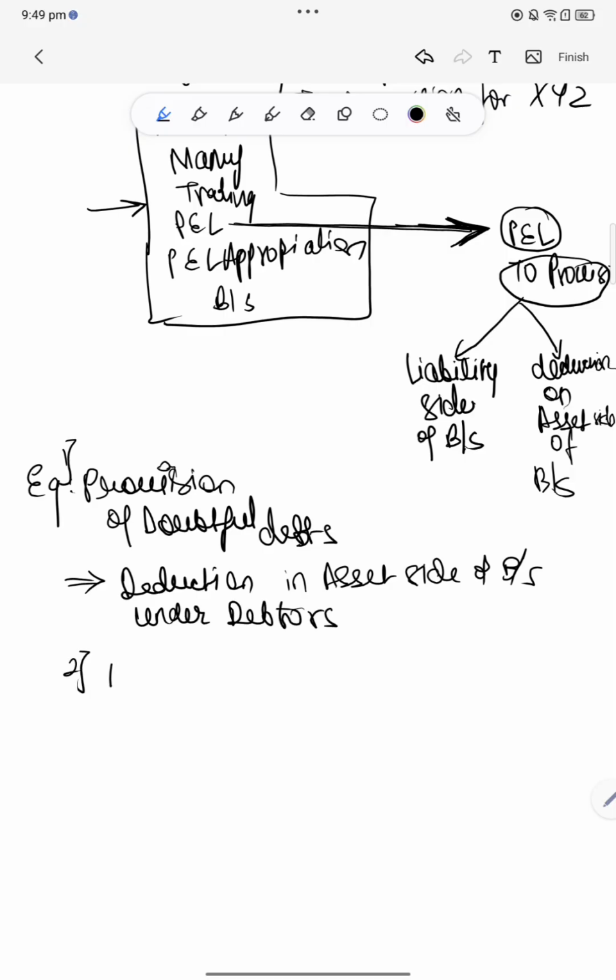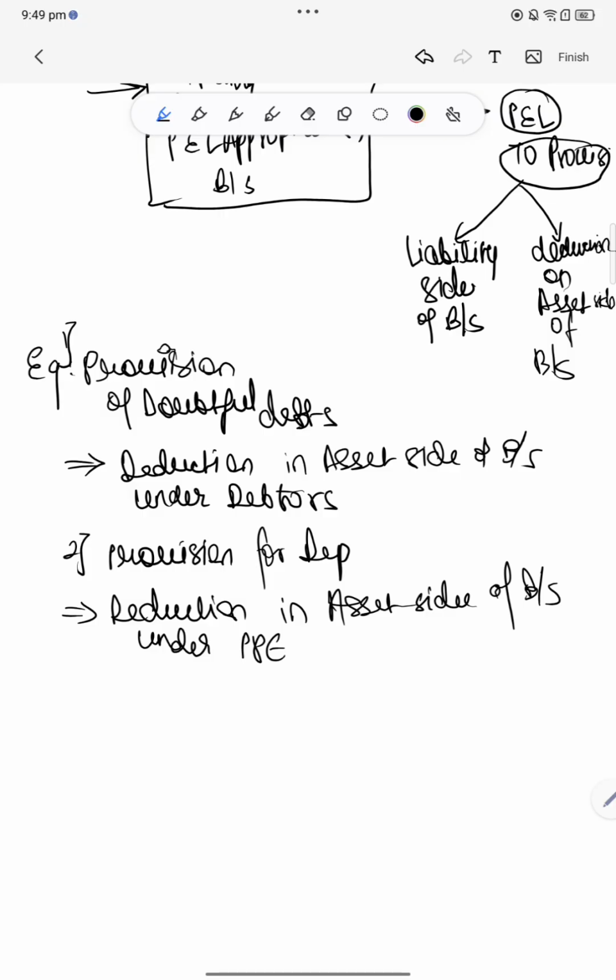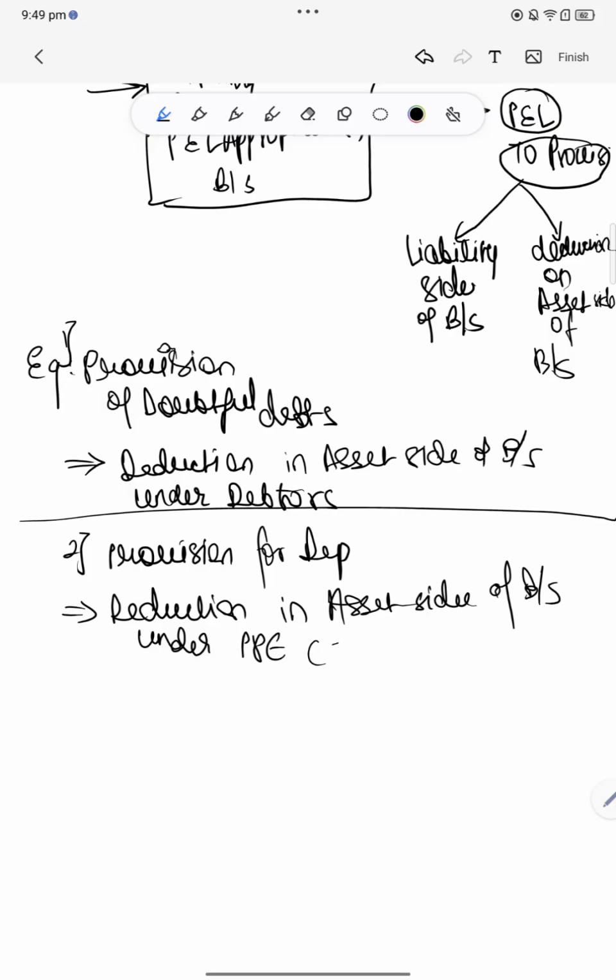Then we have provision for depreciation. It is shown as a deduction on the asset side of the balance sheet under the PPE account. Depreciation is a reduction in the value of tangible assets, right? So PPE is basically tangible assets.